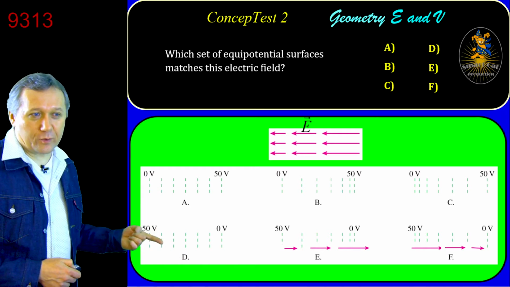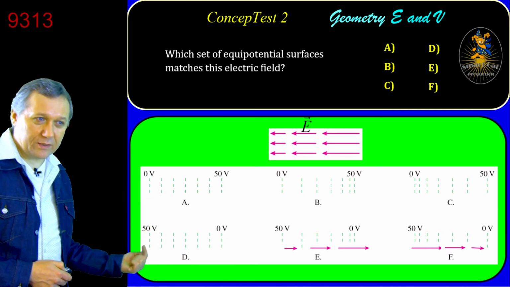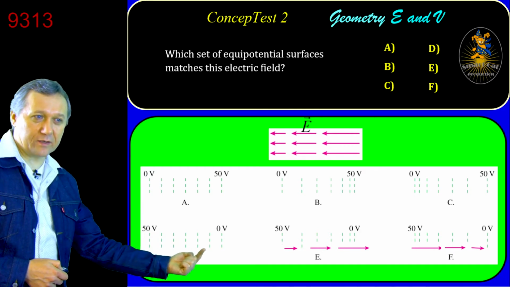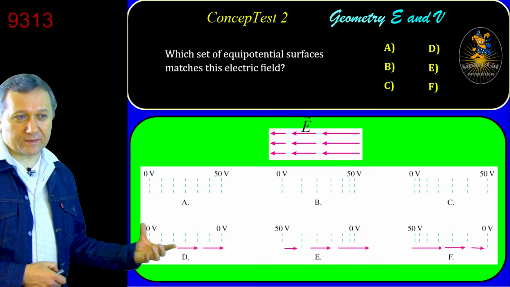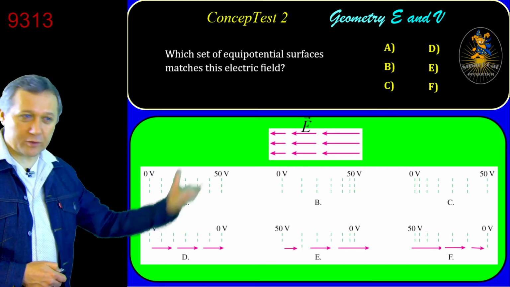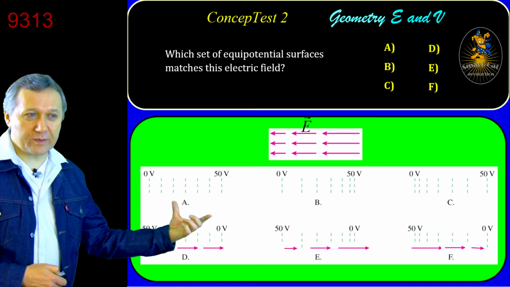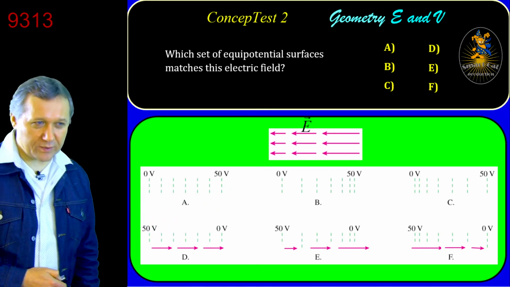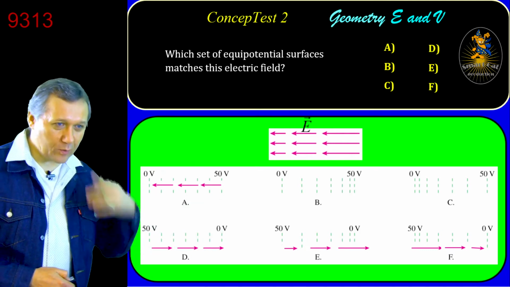And then, of course, the direction will also be the same. Here the electric potential is higher, there lower, so downhill is that way. So it's a case of the uniform electric field, so it's not our case anyway. Then option A, again a uniform electric field, but pointing in the opposite direction, because downhill it's that way. Again, not our case.